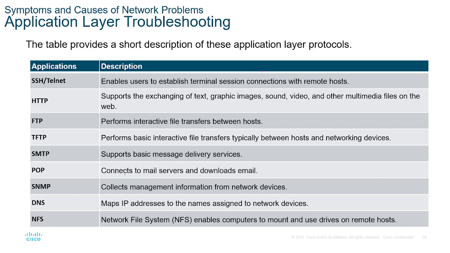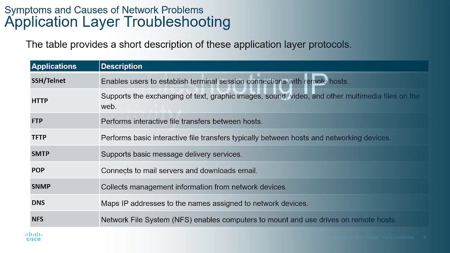If you have a router at a headquarters in Baghdad, you can SSH to it. HTTP supports exchanging text, graphics, and multimedia files on the web, like in a web browser. FTP performs basic interactive file transfer, typically between a host and a networking device, and so on.